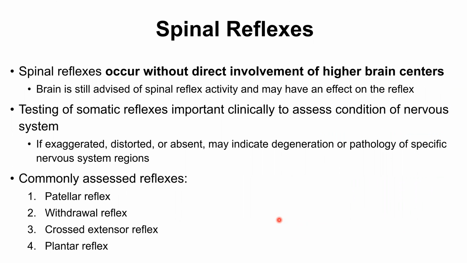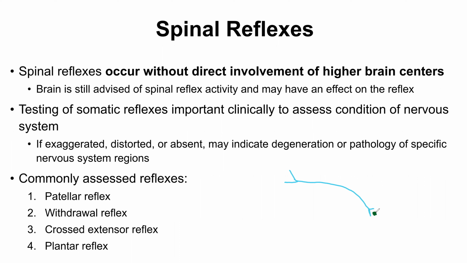So kind of talking along this general understanding, spinal reflexes are reflexes that are occurring without any direct involvement of the higher brain centers. Basically, this is going to look something like what that last picture showed, where we had a stimulus coming in and synapsing.